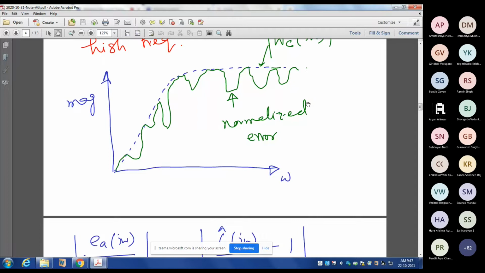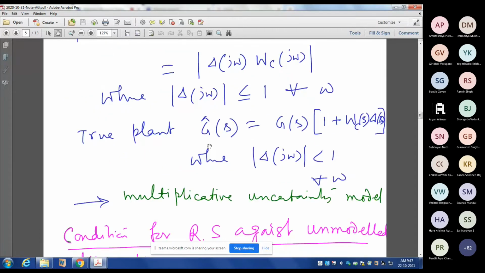So this is a very important model: G hat s equal to Gs into 1 plus WC s into delta s.